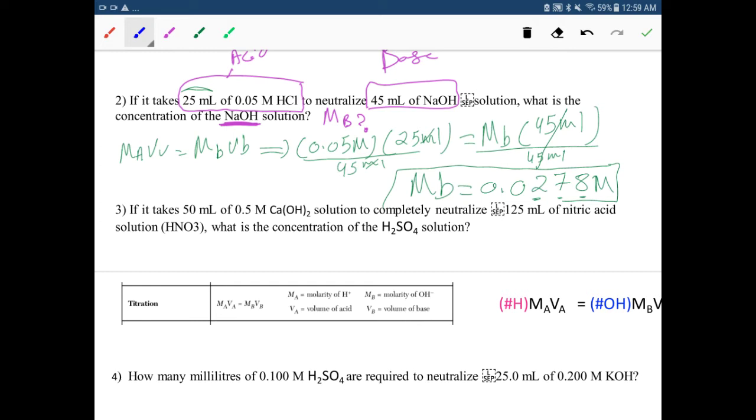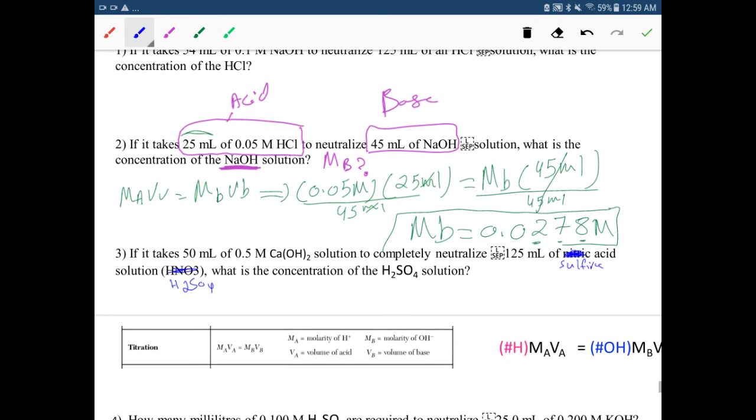Okay, there's an error here. This should say sulfuric acid instead of nitric acid. Okay, sulfuric acid, this is going to be H2SO4. Why am I using sulfuric acid and not nitric acid? You're going to see that now.